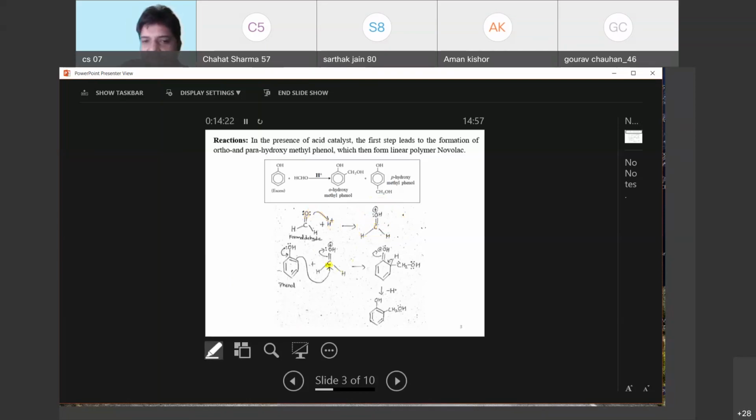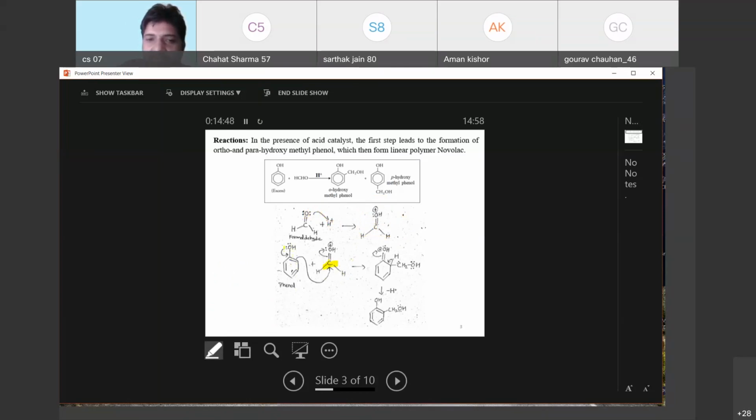Phenol, this carbonyl carbon, see the second step here. This carbonyl carbon is the electrophilic center here. Now the phenol attacks this carbonyl carbon, which is electrophilic in nature. So how does it attack? Its attack is favored by the presence of an OH group on the benzene.